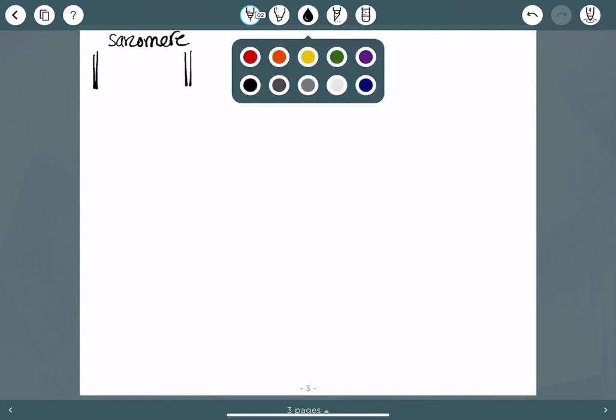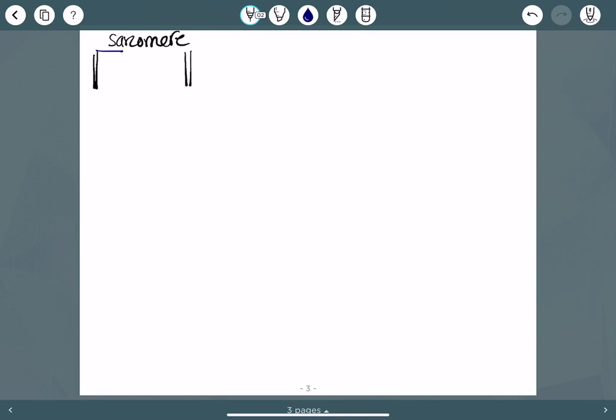So the overarching goal of the cross-bridge cycle, so here is a sarcomere. These are your Z discs that have thin filaments, or actin, attached to the Z disc. And in the center is the thick filaments, the myosin. And the goal of a muscle contraction is to pull the two Z discs together.